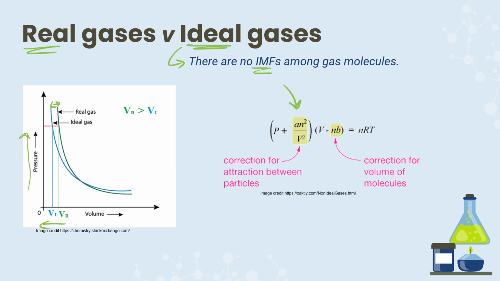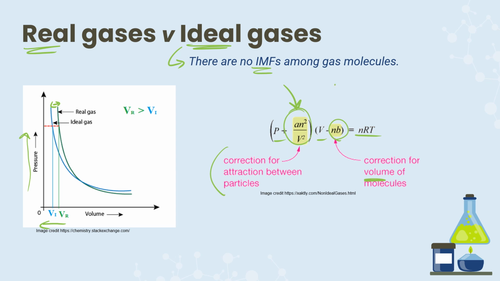But we could use this one. Instead of PV equals nRT, we could add in all of this that accounts for those intermolecular forces. We could add in all of this stuff that helps to correct for the fact that molecules do actually have volumes. Those molecules do in fact take up space. And this would give us a better prediction, but it's oh so messy.